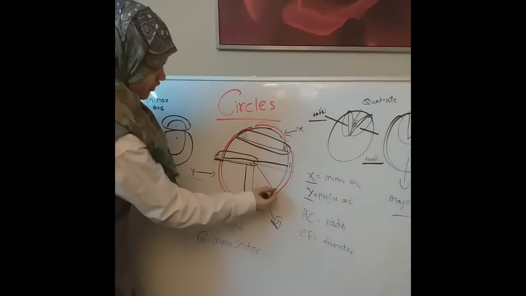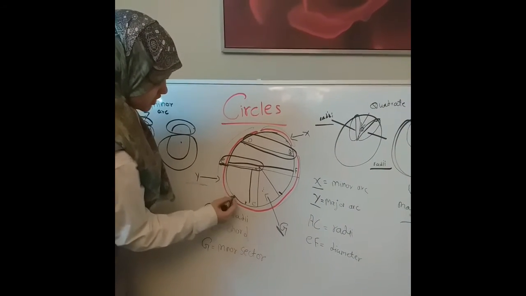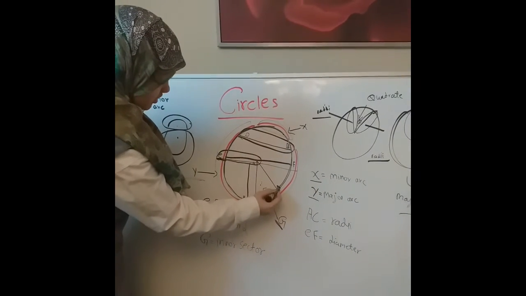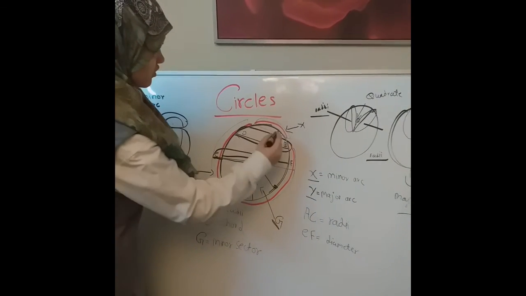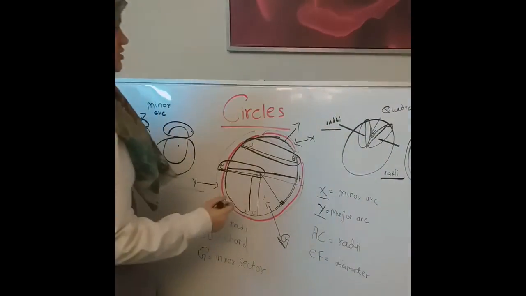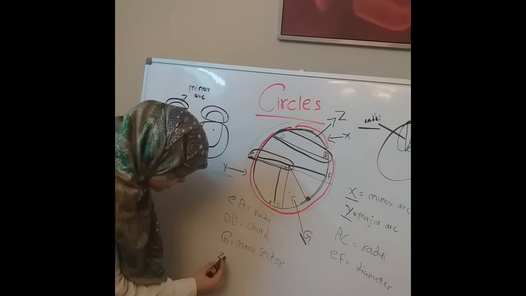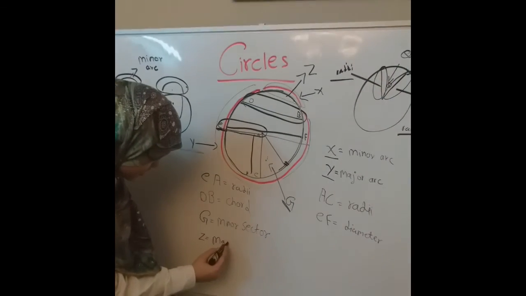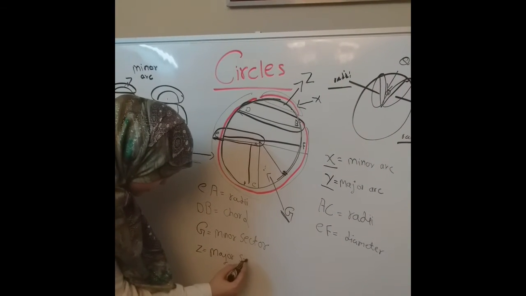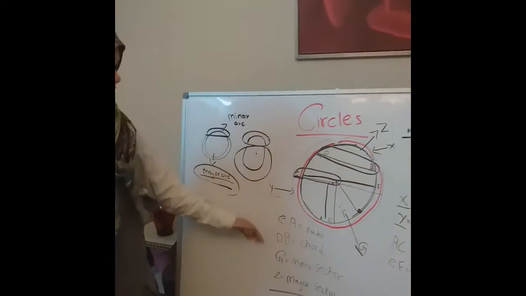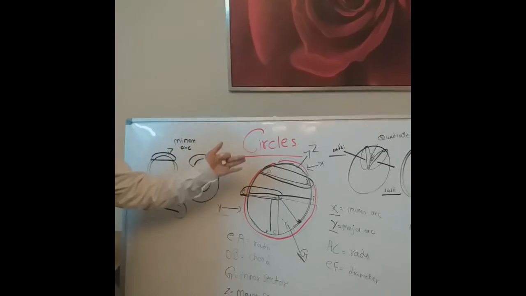And here, from here up to here, that means all of this, we will say that it is a major sector. Okay? Now we have named all of what we learned in one circle.